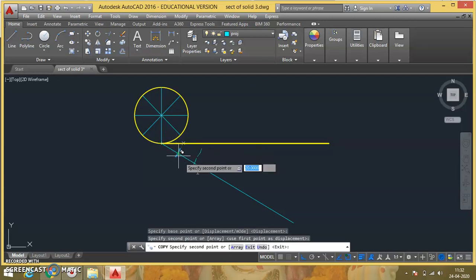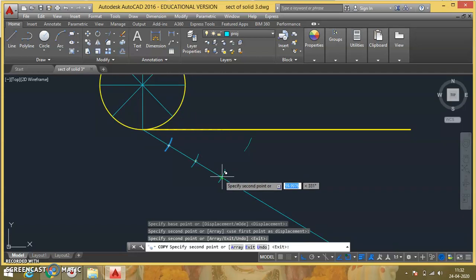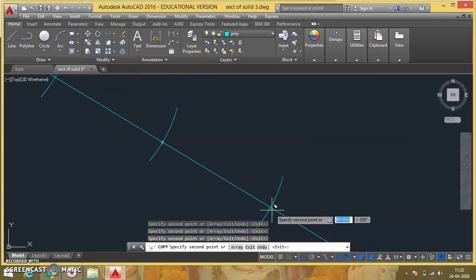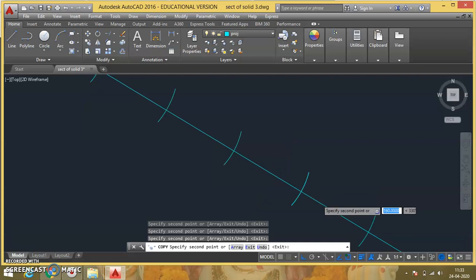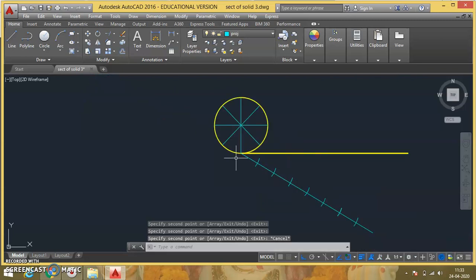I will take the same radius in the compass, take each new point as center and mark the arc again and again. So with this you got 8 divisions: 1, 2, 3, 4, 5, 6, 7, 8.